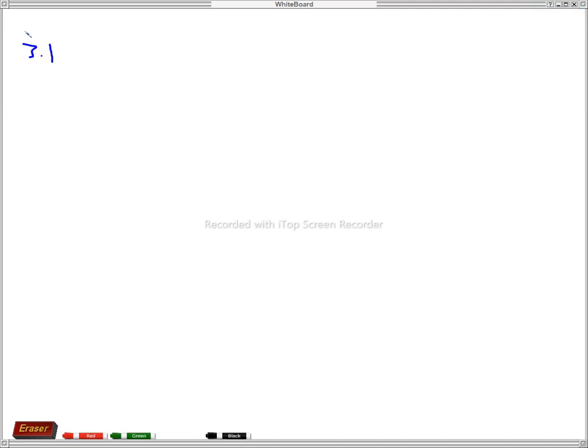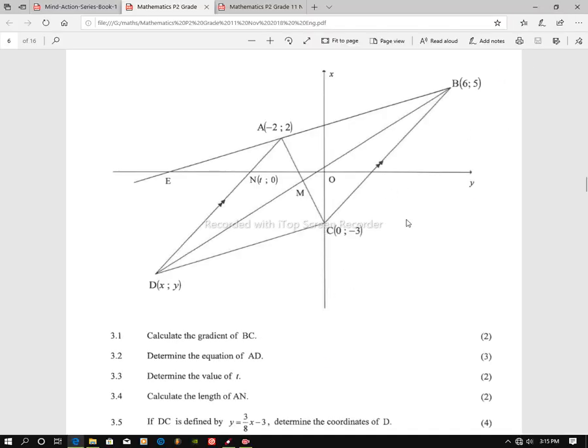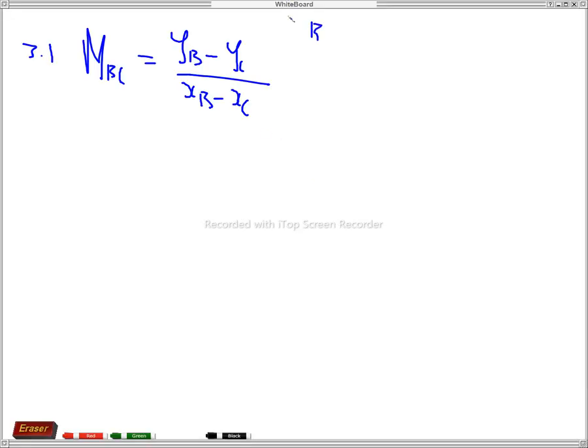The formula is y of B minus y of C over the x of B minus the x of C. So let's check the coordinates there. B is 6 and 5, and C is 0 and negative 3.